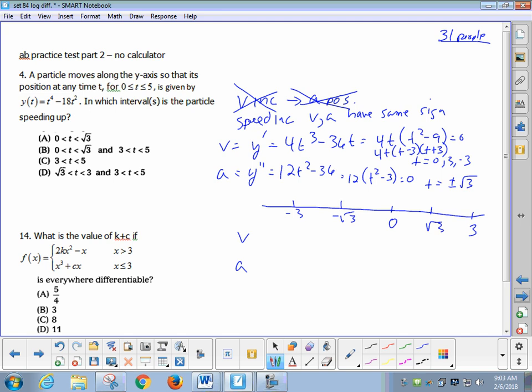Yes? You wouldn't have to sign test negative 3 and negative root 3, right? Since the interval is 0 to 5. Oh, correct. You're right. You would restrict. They gave you a restriction, so you would only do 0 to root 3 to 3 to 5. Good point. You're right. Thank you. Always use the restriction. I should have circled that. I would usually circle. Okay. So that's not too bad. That gives you 1, 2, 3 regions to test and decide between.